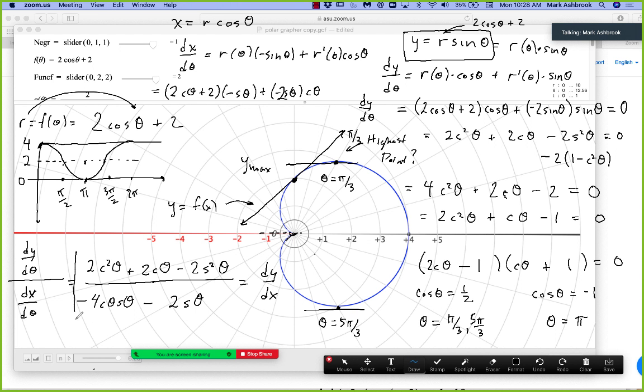So what are we going to plug into that to get the slope of this line? To get dy/dx, we'll do what? Get a value of theta. What value of theta? Pi over 2. Because right here, we want it at pi over 2. So we're going to plug in pi over 2. We're going to get a value. That will be dy/dx for that line.